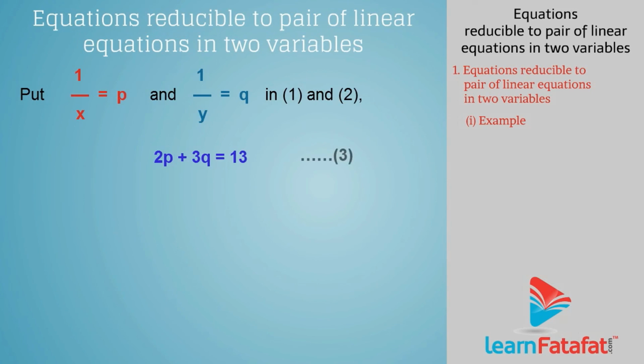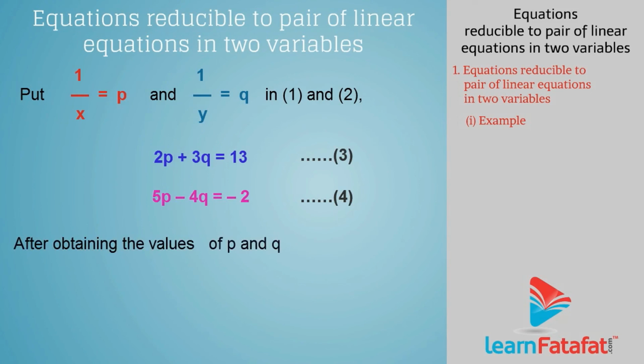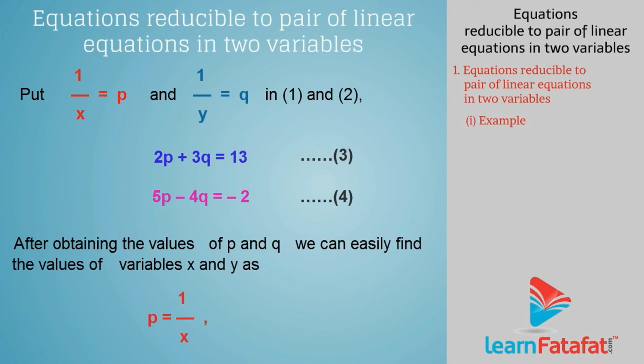We get 2p plus 3q is equal to 13 as equation 3. 5p minus 4q is equal to minus 2 as equation 4. After obtaining the values of p and q, we can easily find the values of variables x and y, as p is equal to 1 by x and q is equal to 1 by y.